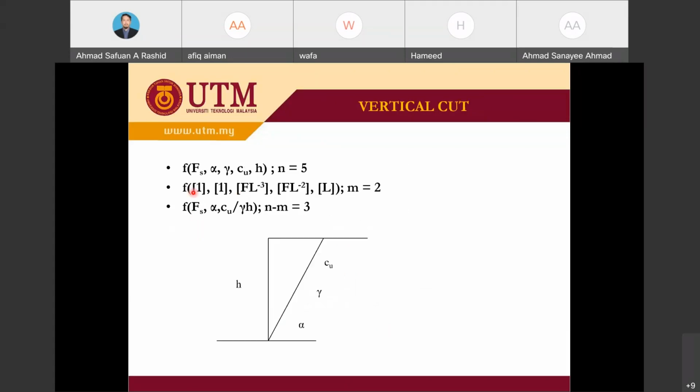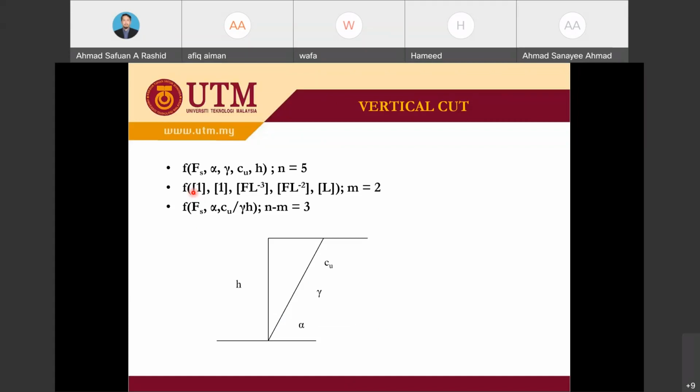The last one is the vertical cut. We want to investigate what is the input and also the output. The output is the factor of safety, as we have discussed previously. Then the input is alpha, gamma, Cu, and also H. From all these important parameters, we determine the primary dimension.